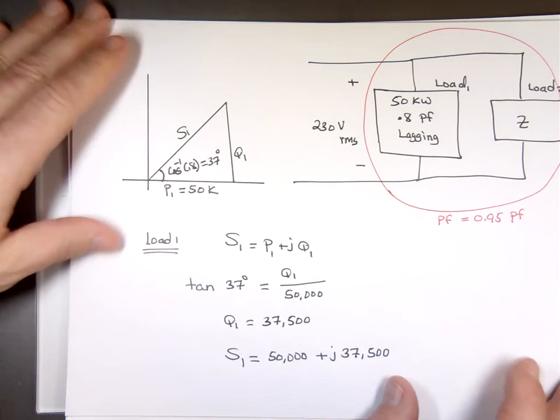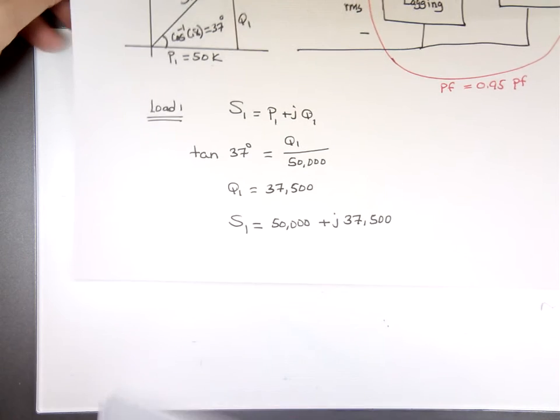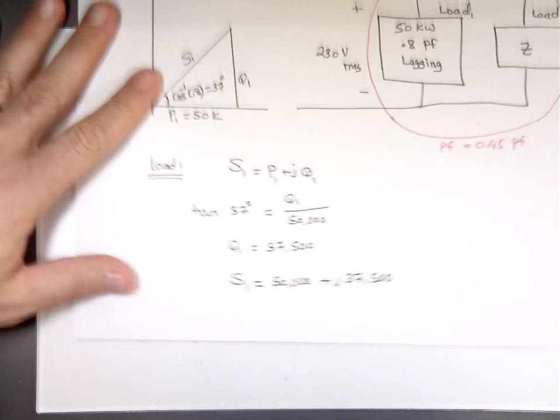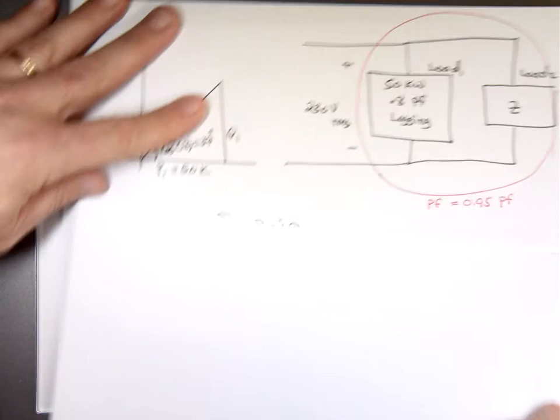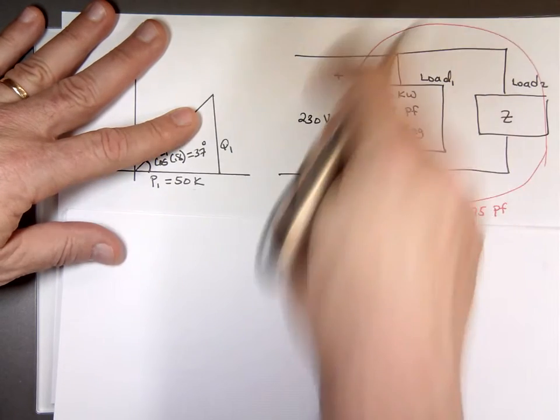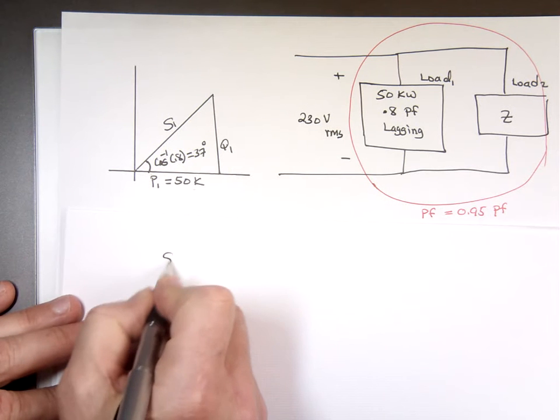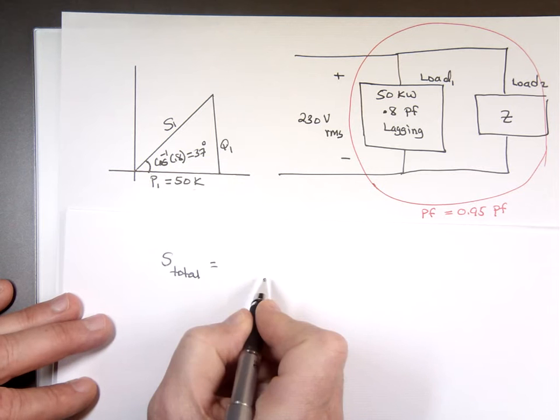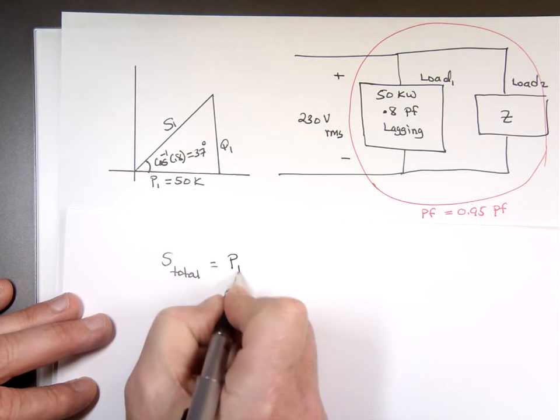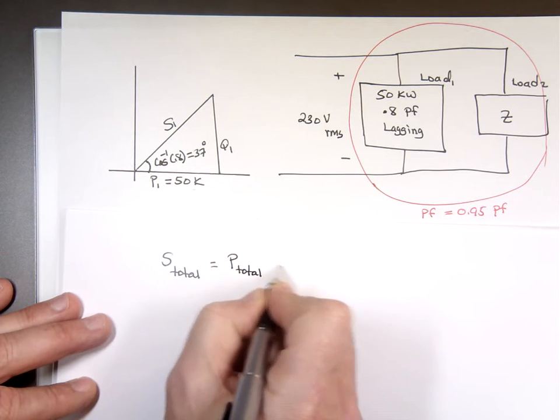Now let's look at the combined load. That's the whole thing. S total here. It's going to have the P total plus JQ total.